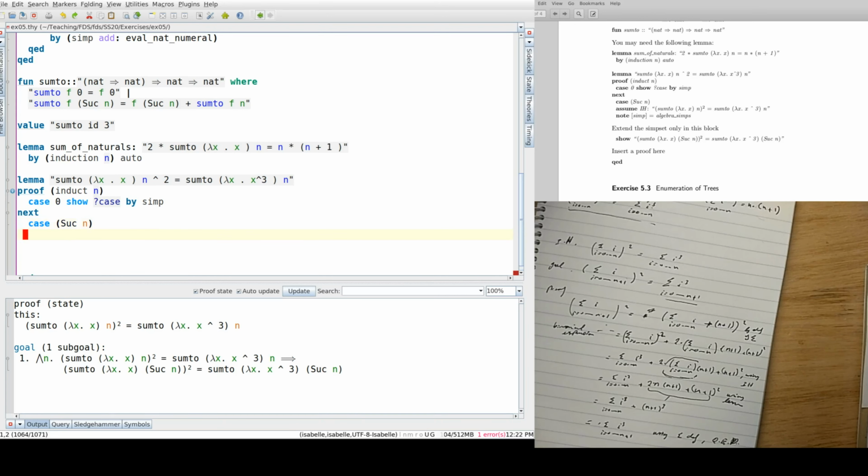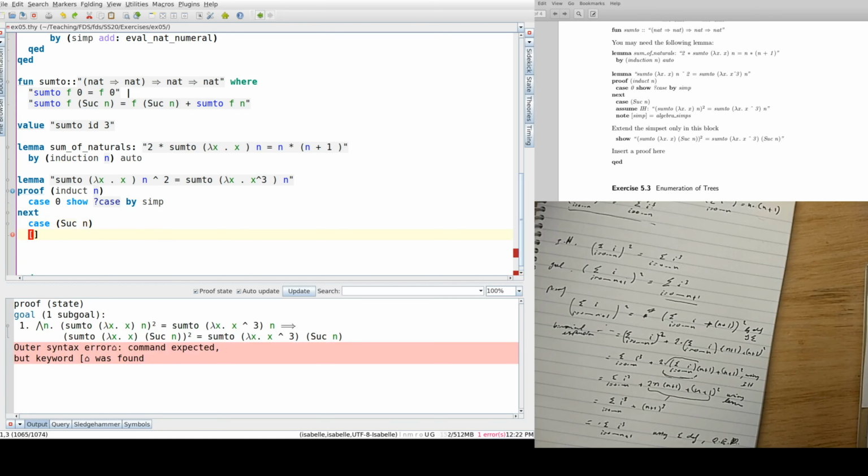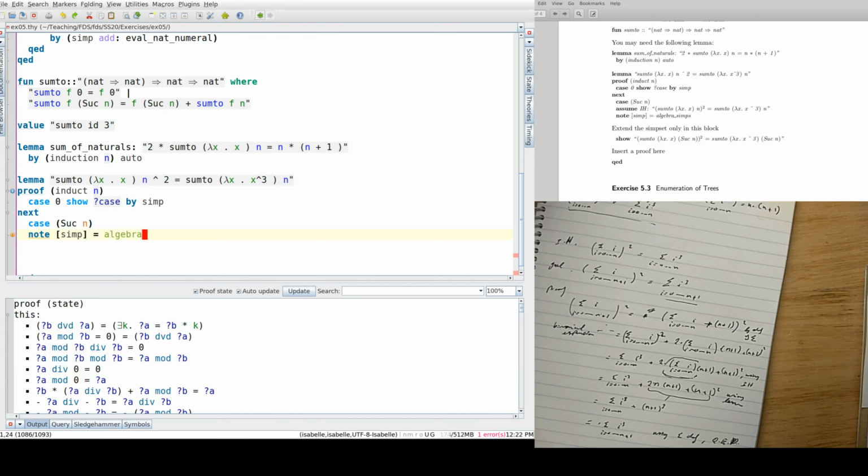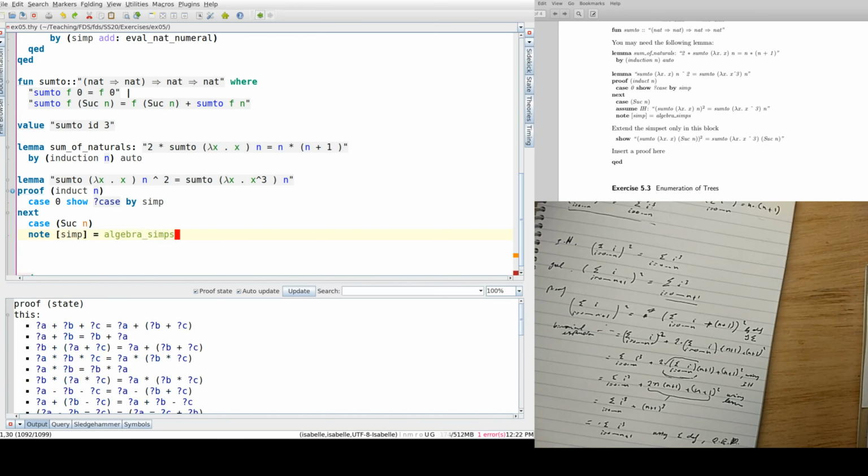So I will add that to the simp set because in fact this is useful, not just in this step but in other ones as well. So we want these algebraic manipulation, algebra_simps, okay?